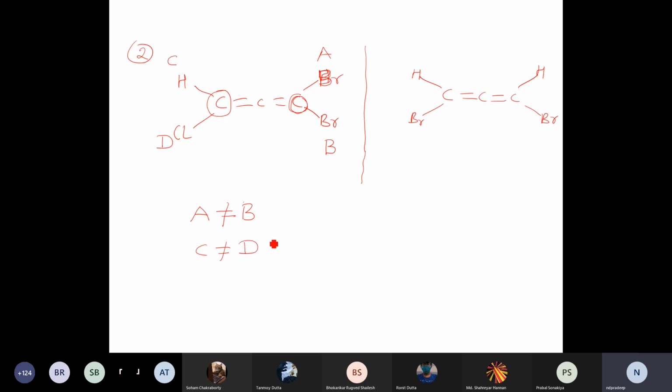If they are not equal, then only will they show chirality. Otherwise, they won't. In this case, Br and Br are the same, so I can say this is not chiral. In this case, H and Br are different, so A is not equal to B and C is not equal to D. Then this becomes chiral.